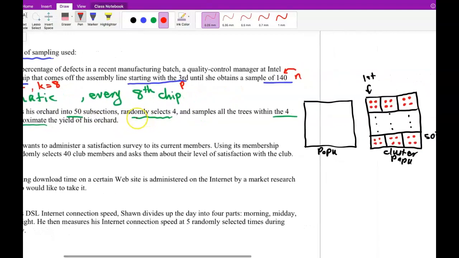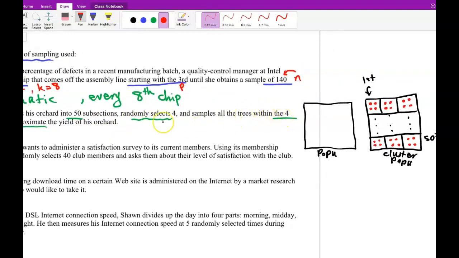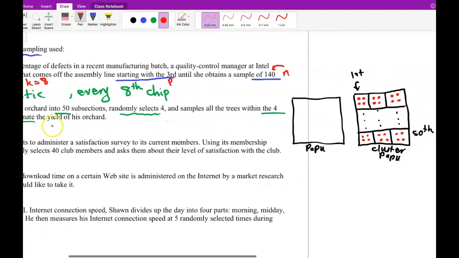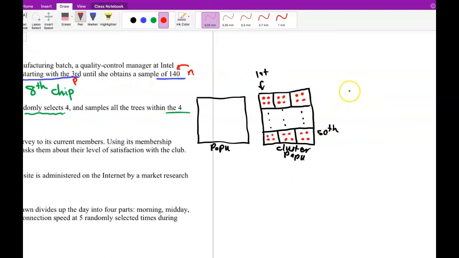Okay, and the point is that I have the same numbers here. Randomly selects 4 and samples all the trees within the 4 subsections. So here we have, let's say, chosen that one.